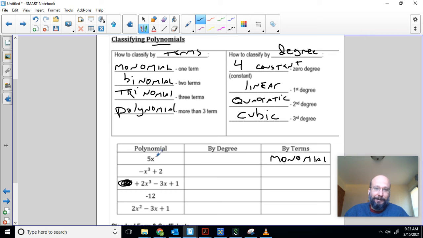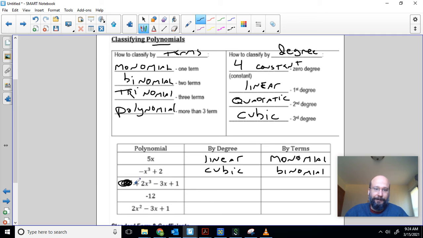The highest exponent is a 1, so that's linear. This one, negative x to the third plus 2, is two terms, so that's binomial. Two terms. And the highest exponent is a 3, so that's cubic.